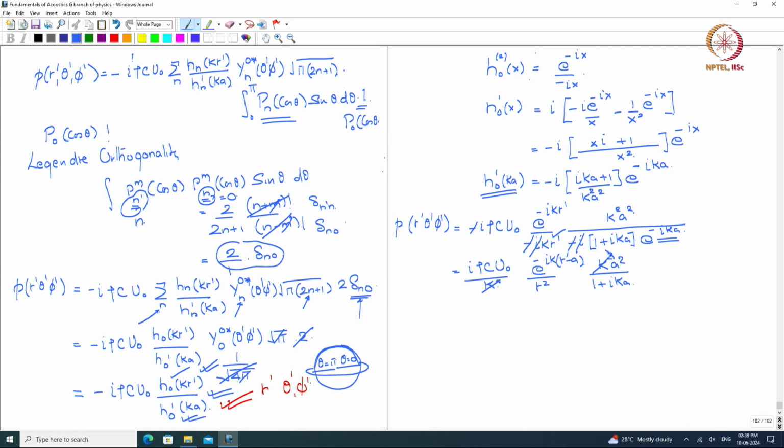This k is omega by c, so I get an omega by c, this c cancels, so I get I rho omega u0, then a square by r square e to the power of minus I k r dash minus a 1 plus I k a.